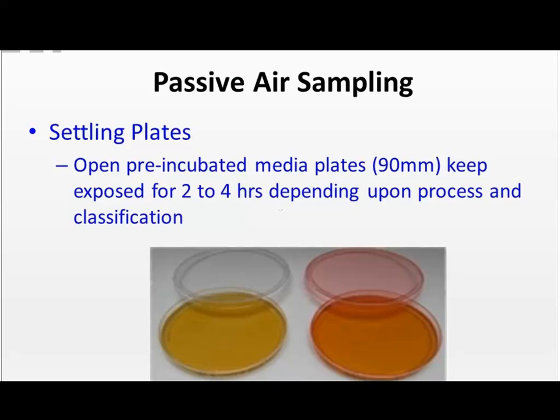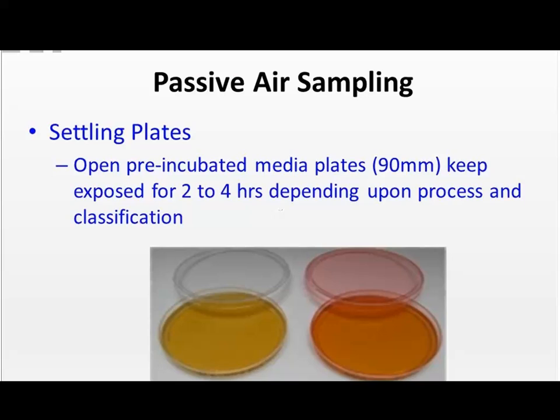We should be monitoring them, and when you're setting them in certain places, you need to try and set them in the most critical areas, under the laminar flow hoods, in the biosafety cabinets, on the fill line, whichever area is considered to be a Class A or Class 100 area. But keep in mind, they do get knocked on the floor by the workers, the operators.